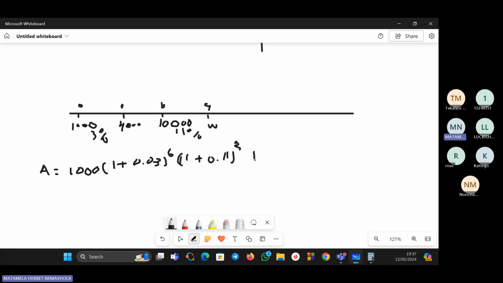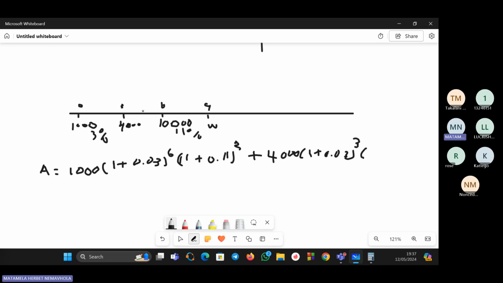Then you add plus, you go to 4,000. Your 4,000 was there in the account starting from 3 until 9. But from 3 to 6, it was earning only 3%, which is going to be 1 plus 0.03 to the power 3, because 6 minus 3 is 3.